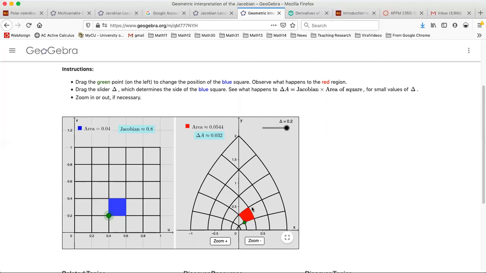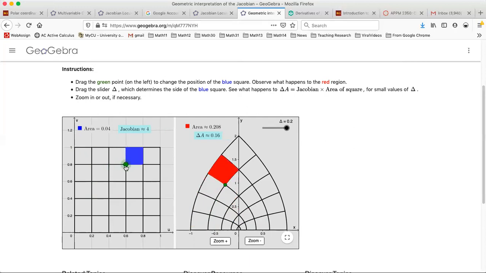What's the area of this red region in terms of u, v and du dv? We can see it's going to change depending on both u and v, where I am. And that's got to be taken into account when I rewrite the integrand.